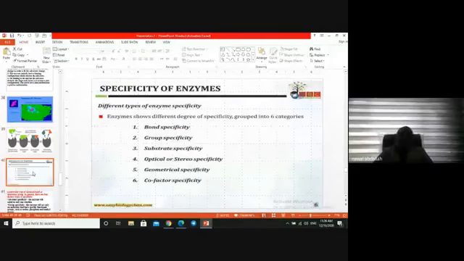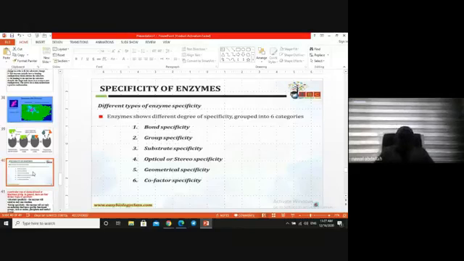When enzymes were discovered, the world could not know what the enzyme is, how it works, and what the substrate is. But in the coming years, the scientists discovered much information and many properties about the enzyme.